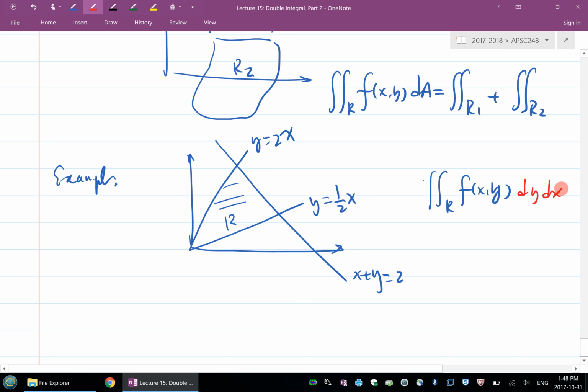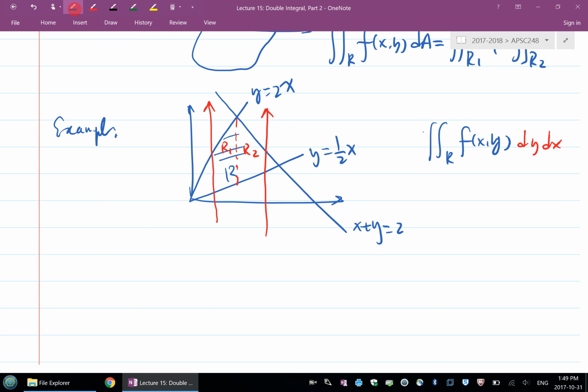Then we draw arrow lines in the positive y-axis direction. If I draw it here, my lower limit is this line, upper limit is this line. But if I draw it over here, my lower limit is still this line, but the upper limit changes, right? It changes to this line here. So that's why we have to separate this region R by drawing a vertical line to separate it into 2 regions, R1 and R2. We get the double integral for both first, and then add them together.